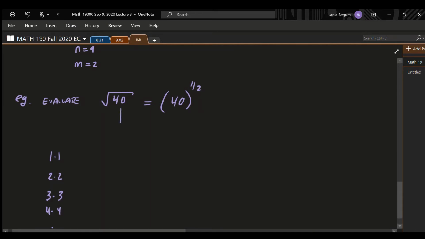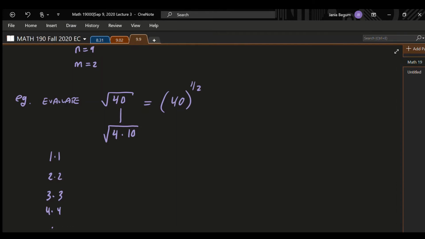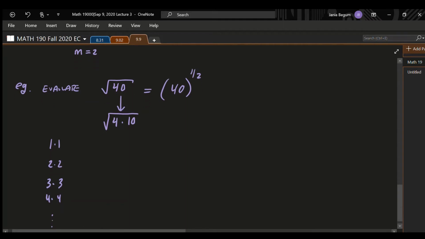So we rewrite it this way. This is 4 and 10. I'm going to give you a property later on which allows us to do this, so for now just follow through. What we do now is split it into 2 radicals. That's one of the properties for radicals. So we can do the square root of 4 times the square root of 10.